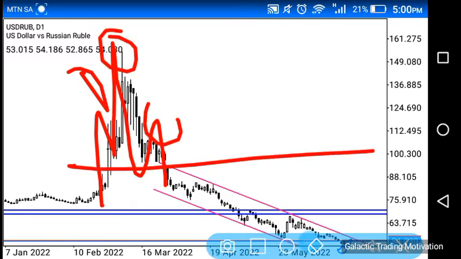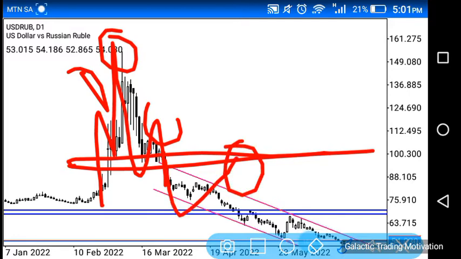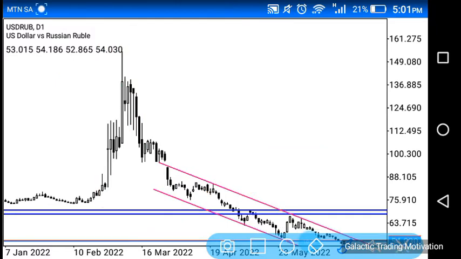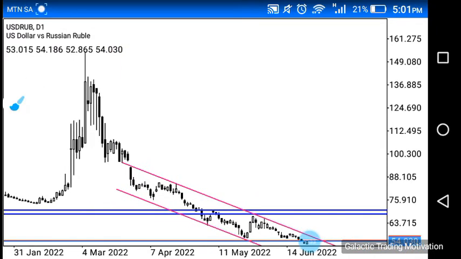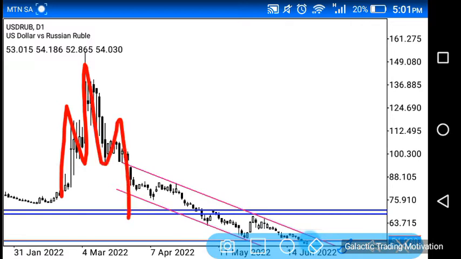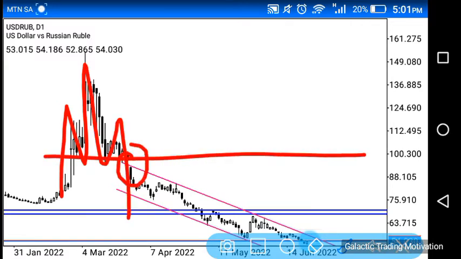However, we never really got to see price break the neckline, come back to retest it, and then push further down, right? And can you guys see that the neckline of this head and shoulders pattern actually aligns with that gap that we spoke about? And we also have the neckline over there.